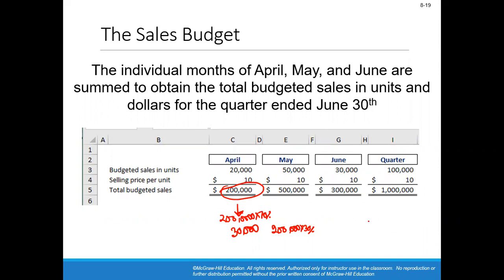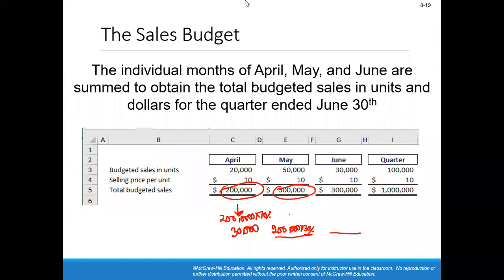So how should it work? Here you see what we are doing. We are collecting the accounts receivable which was created in April. In a similar way, we'll collect the accounts receivable which is created in May. We'll collect it in June. But you see, out of the 500,000 sales in May, how much of this will be collected in this month, May?